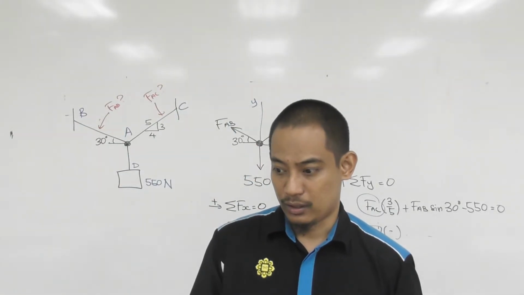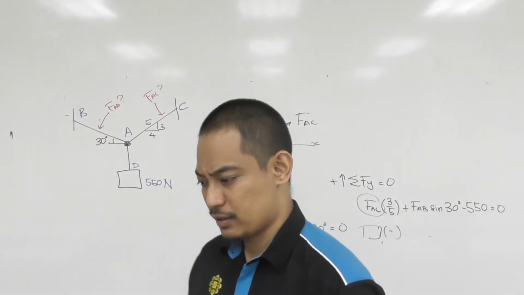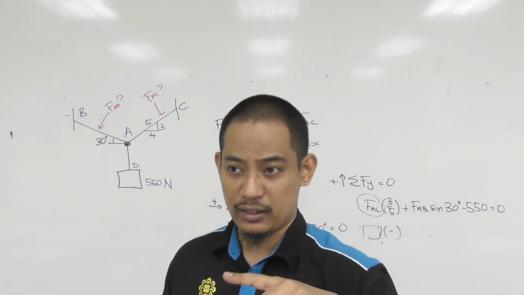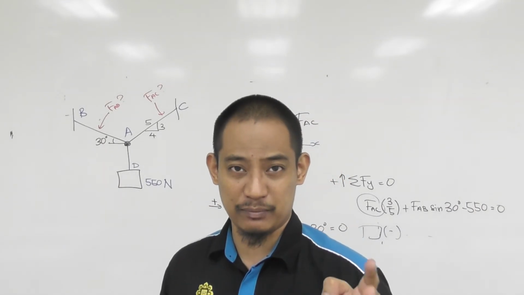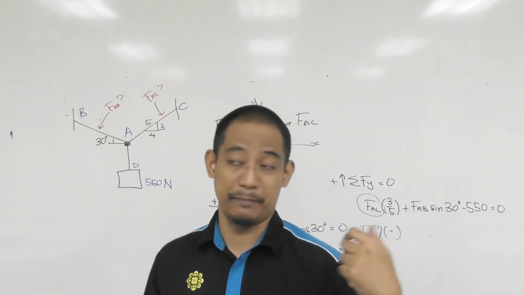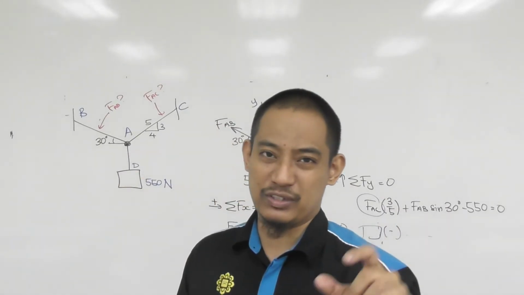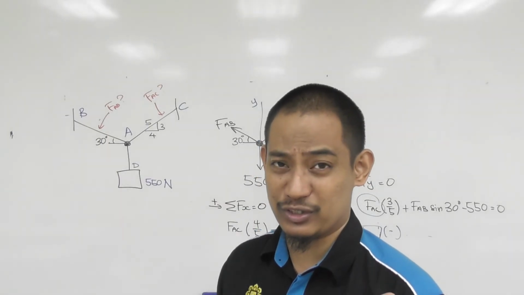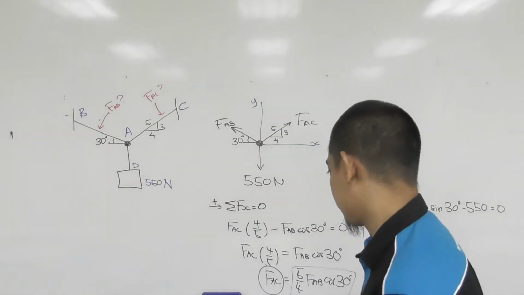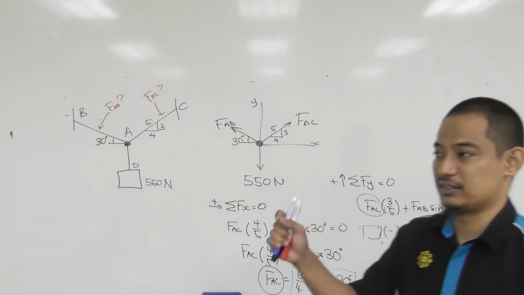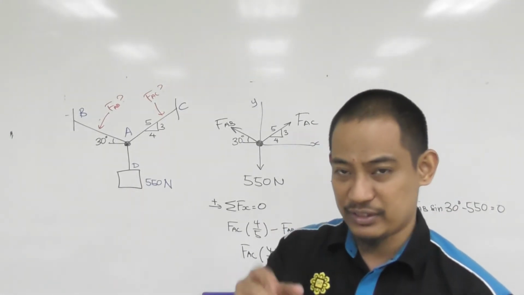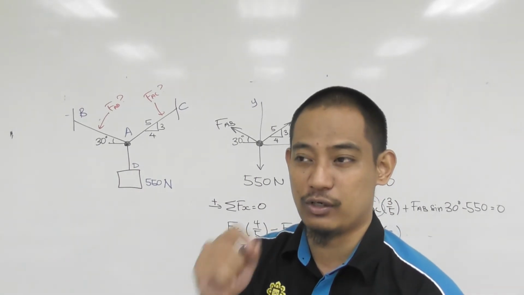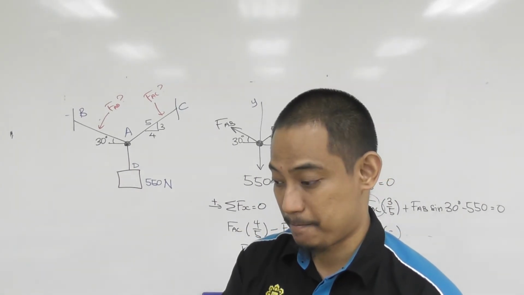Now, if you see the final exam questions, and I have put some on iTaklim for your reference from previous exams, in the cover page it will say that you have to show all the steps, including the simultaneous equation. If you see the slide, they have the equation, and then suddenly say solving, you get the answer. Nowadays you also have a calculator that can solve simultaneous equations, right?